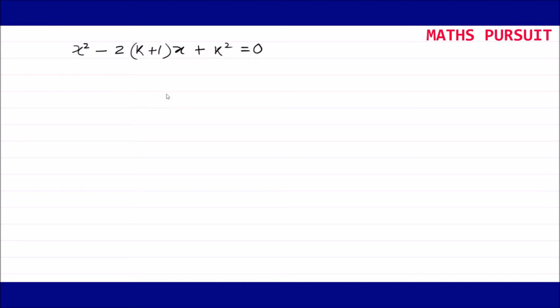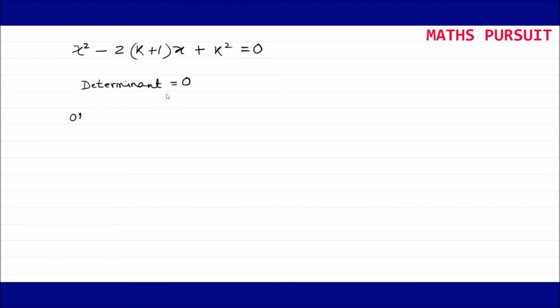Now guys, remember one thing: the question was saying that this particular equation has real and equal roots. So guys, we very well know that a quadratic equation will have equal roots when the determinant is equal to 0. So I can write here the determinant is equal to 0 because the question is telling us that this equation has real, equal roots. So I can write the determinant as 0.